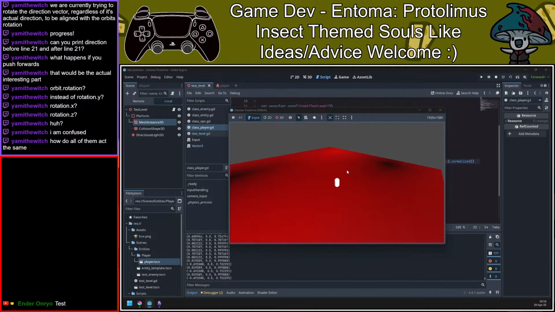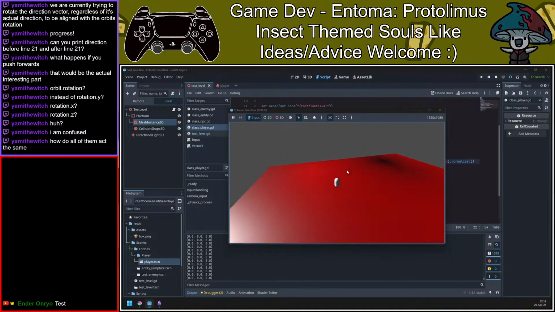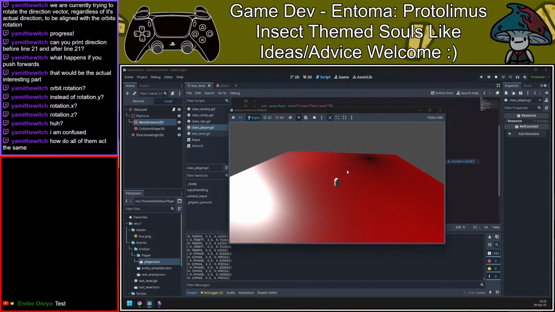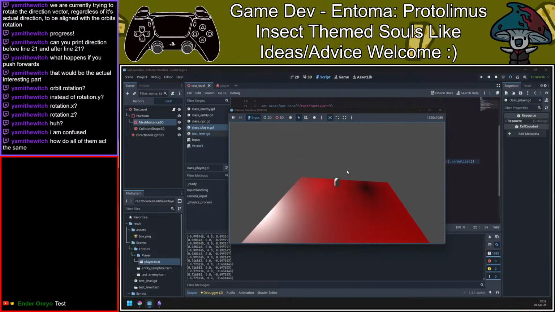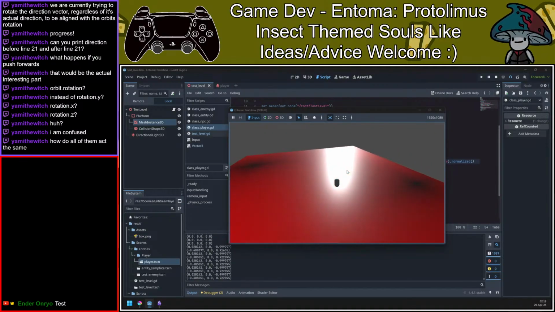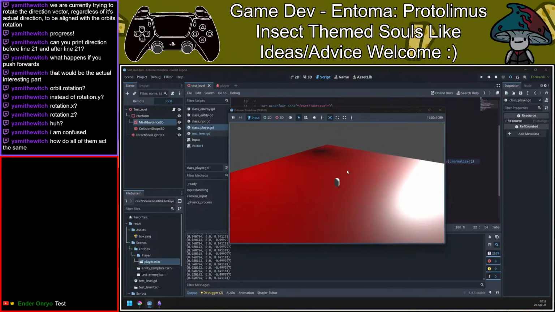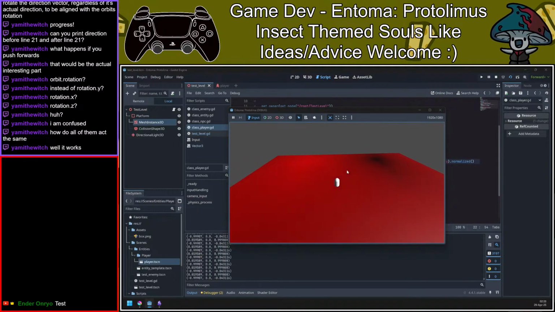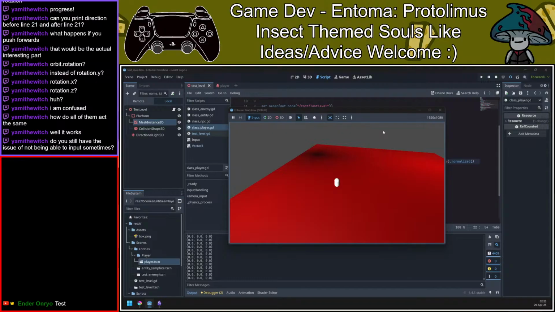Okay, so your issue is you were setting the z-axis to the y-axis. I don't know why that was the issue, but that appears to be the issue, because now it's doing what it should be. Do you still have the issue of not being any systems?